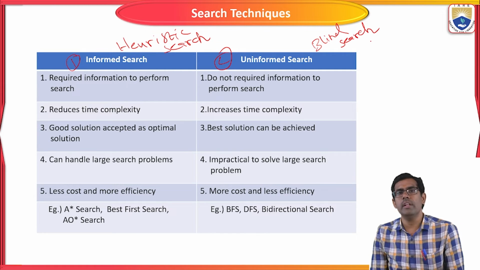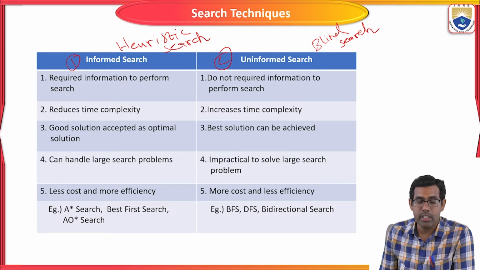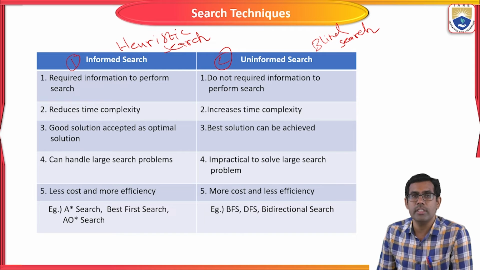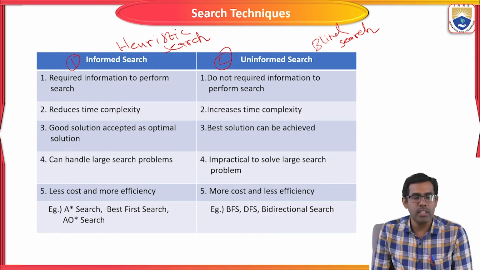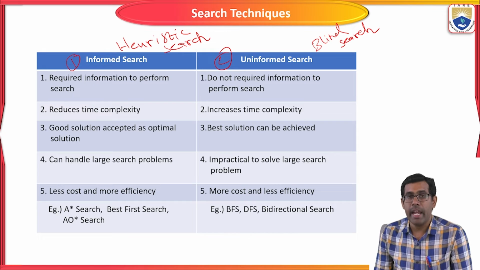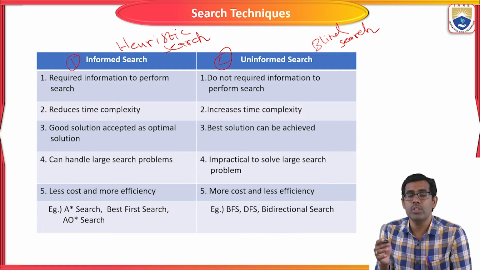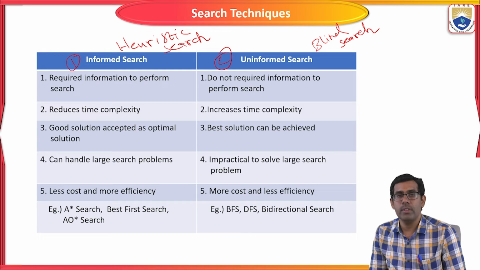The familiar word is blind search. So the other names: informed search is heuristic search, and uninformed search is blind search. The informed search will produce the optimal solution, while the uninformed search will guarantee to give the exact, actual solution.